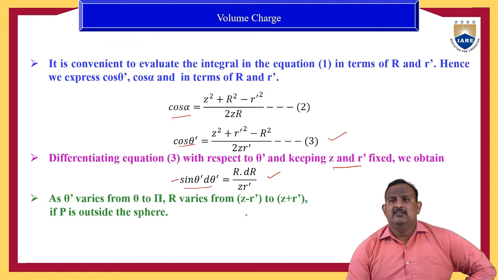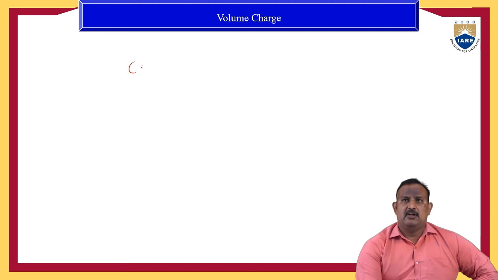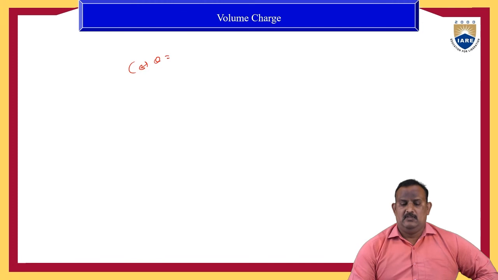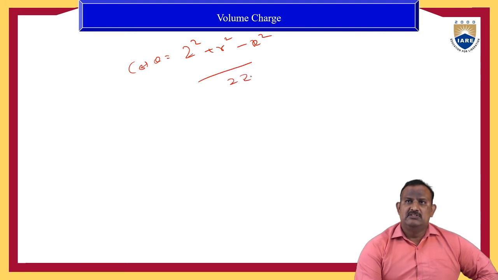Here we have cos theta equal to z squared plus r squared minus R squared by 2zr.